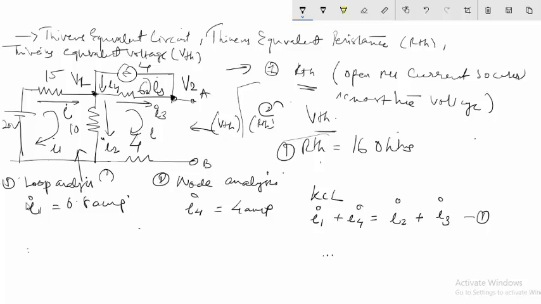Again, if I apply the node equation here, I will get 20 minus V1 divided by 15 equal to 0.8, which is what I found from the loop analysis. So I will get 20 minus V1 is equal to 0.8 into 15.